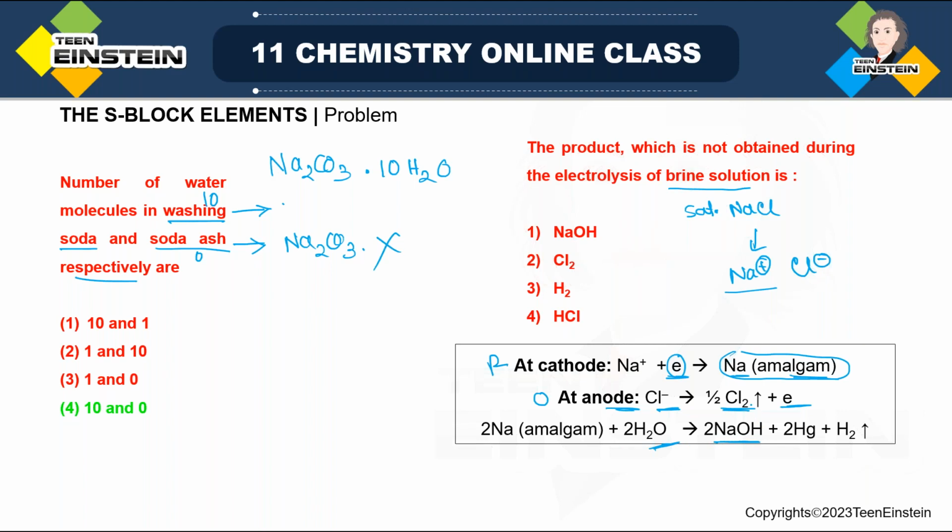Now, if you look overall at all the processes, and look at the question, it is asking for the product which is not obtained during this electrolysis. Option C, NaOH, obviously it is produced. Chlorine is also produced at anode.